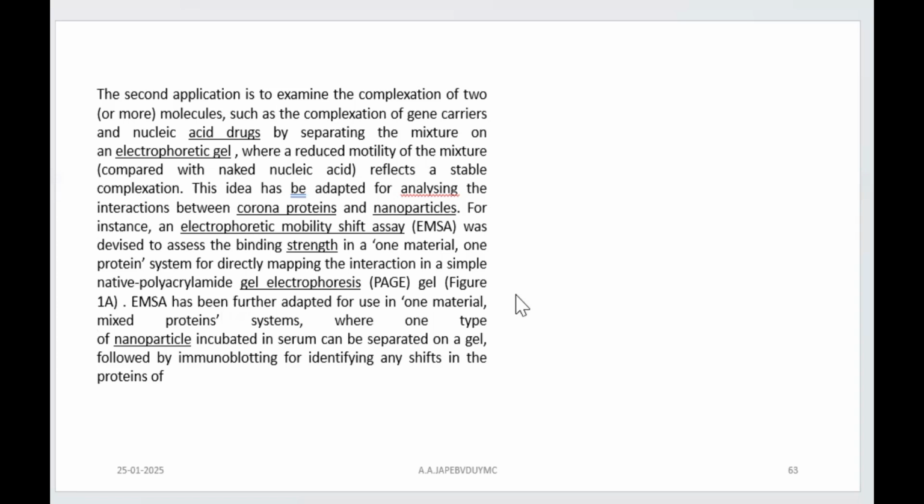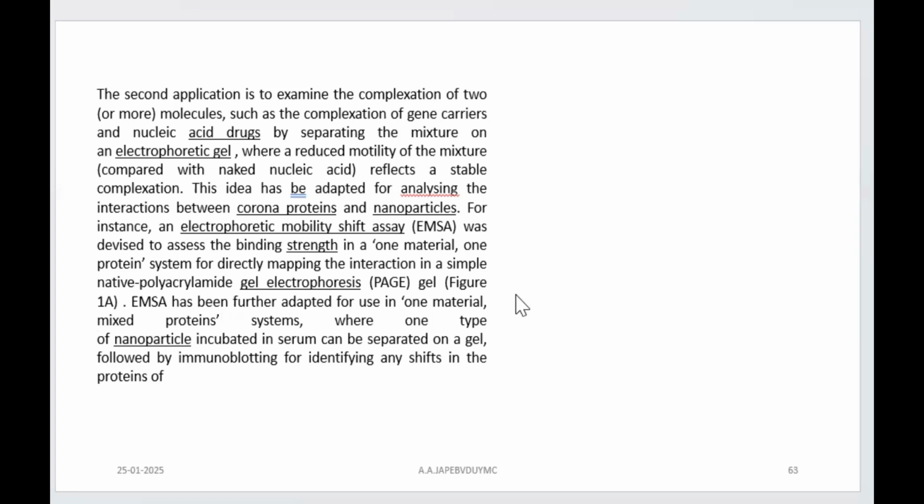So the band that a protein would form is at one location, but when the protein forms a complex with another molecule, like say a drug molecule, then this complex is going to be positioned at a different place. So you can visualize what kind of effects are there and what the complexation product is.